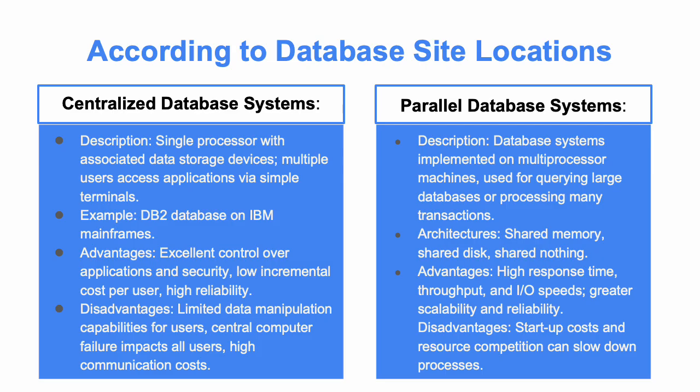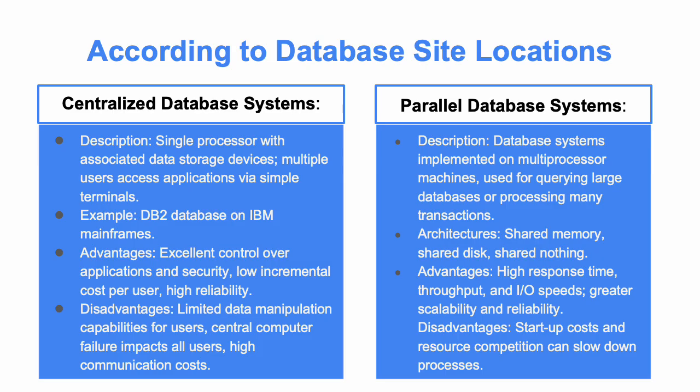The next one is the parallel database system. The parallel database system uses multiple processors working together, either in a tightly coupled or loosely coupled way. These systems link several smaller machines to achieve the same performance as a single larger machine, often with better scalability and reliability.